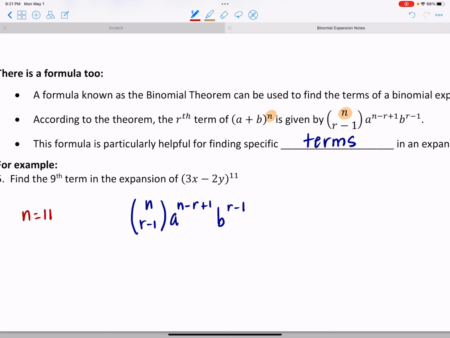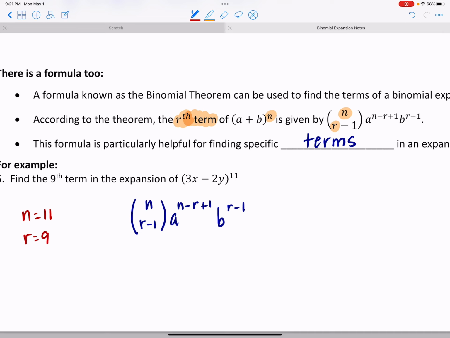And then r, which shows up in a few places, r is the term number we're looking for. So the r that we see here, and then again a couple other places, that's the term number we're looking for. So if I'm looking for the ninth term here, I'm going to say r is 9.